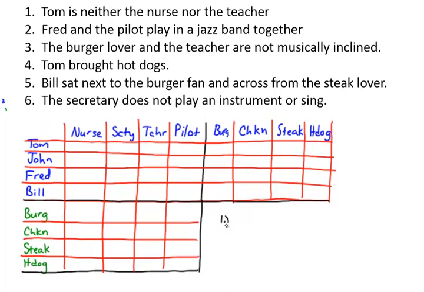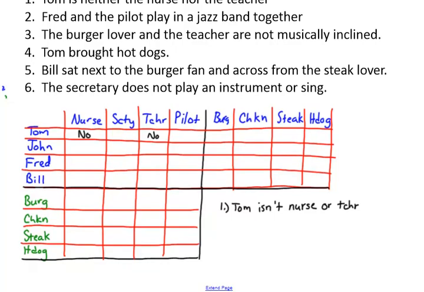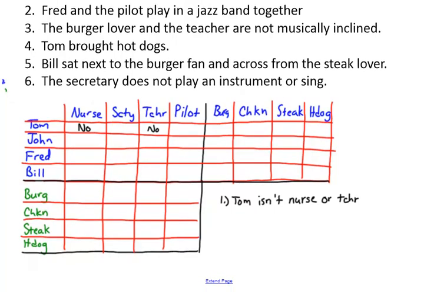So let's read number 1. Tom is neither the nurse or the teacher. So Tom isn't the nurse or teacher. Okay, so Tom, we're going to go no here and no here. Fred and the pilot played jazz band together.